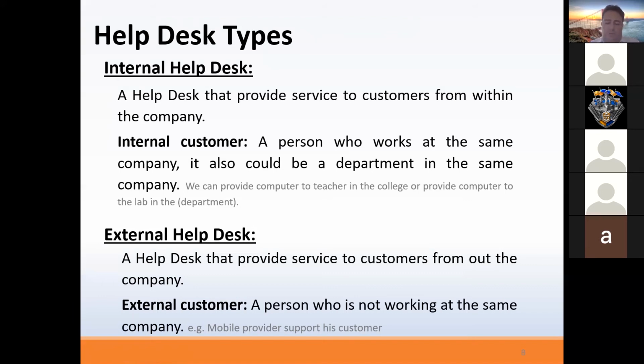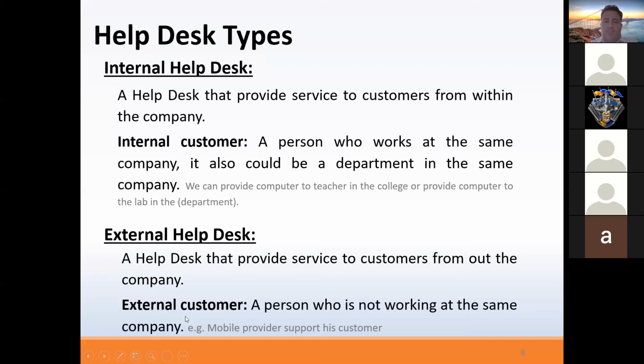We are not employed by Ooredoo. What about the customer service at Carrefour? Are they internal or external? External, because they help you. You are not employed by Carrefour.